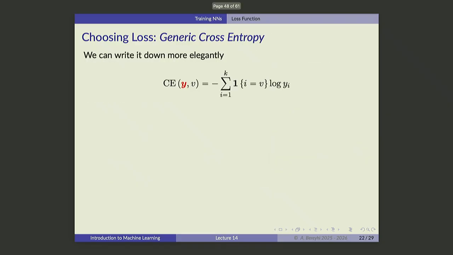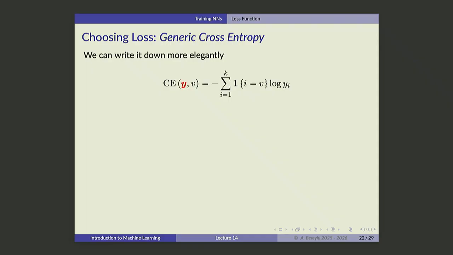Now, you can go ahead and write it down in this form. Like I told you, I am using this one-hot representation, so this is what you see as the indicator function. It is a vector of the same size, and it's going to be 1 only when your index is the true label.